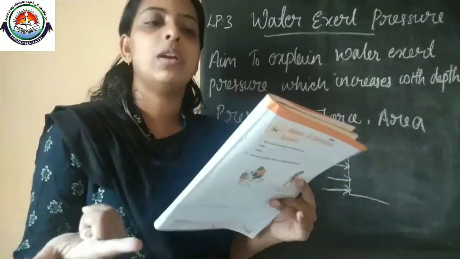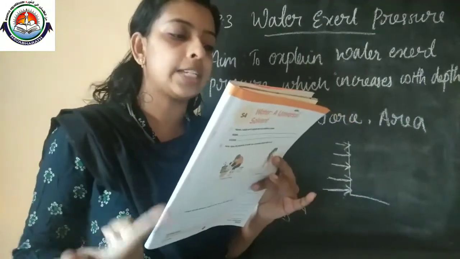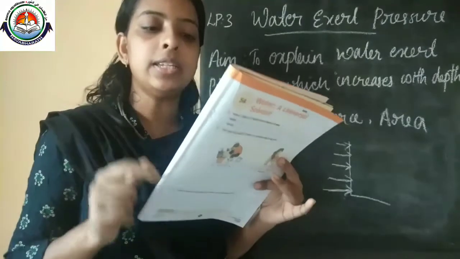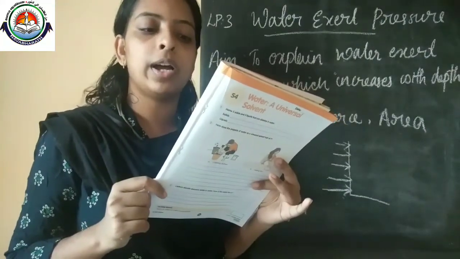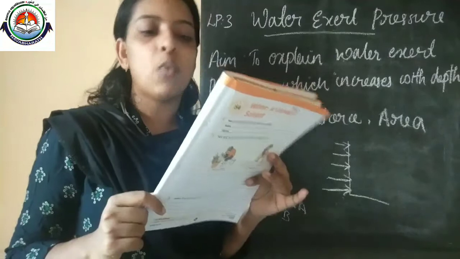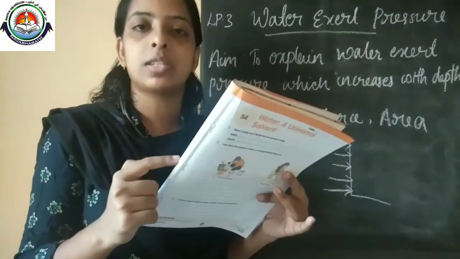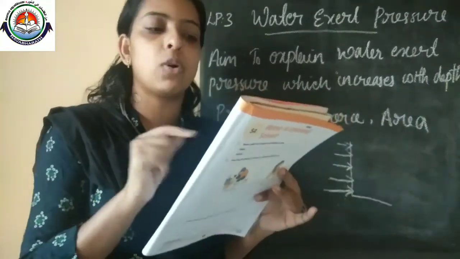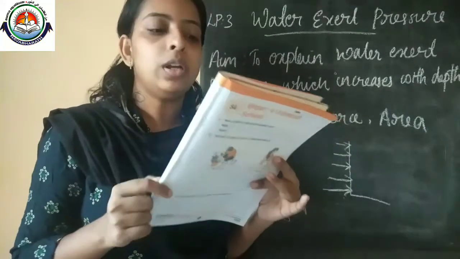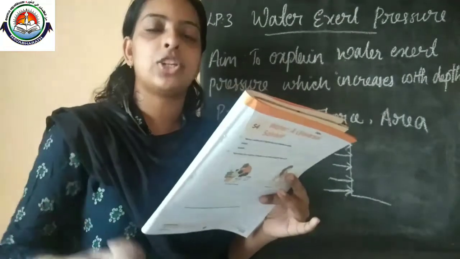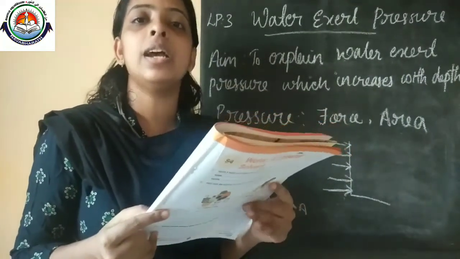So which one has more pressure? The pond. Why? Because the depth is 6 meters, which is more than the lake. So pressure increases with increasing depth.